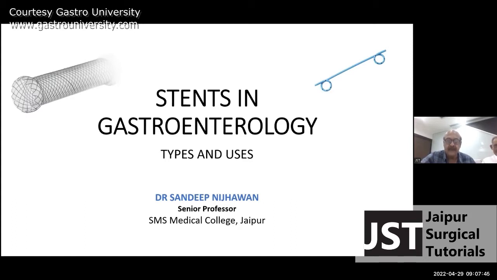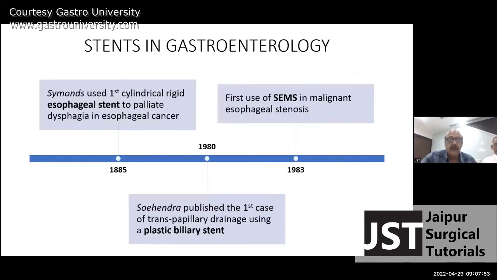Today's topic is stents in gastroenterology, where they can be used and what the types are. So let's go into detail. Actually, stents are not very new. They were first introduced around 150 years ago, when a solid pipe was pushed into a patient to palliate dysphagia in esophageal cancer in 1885.